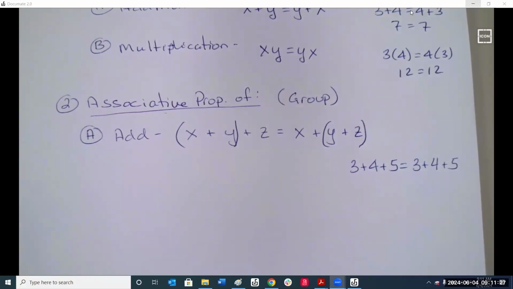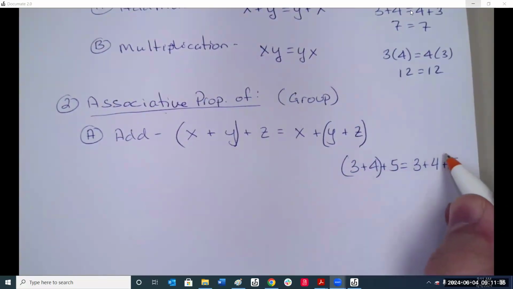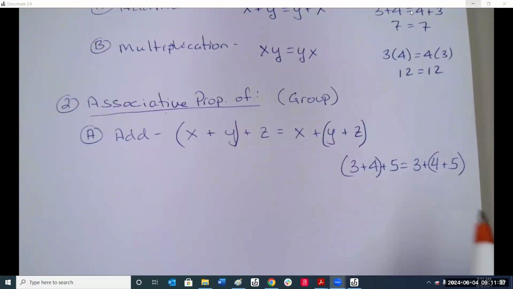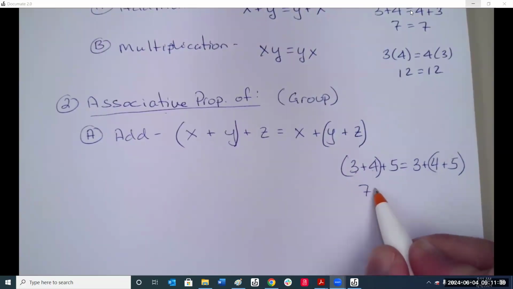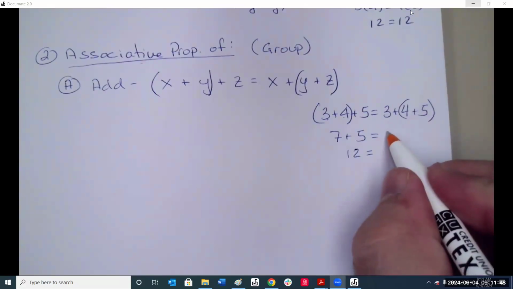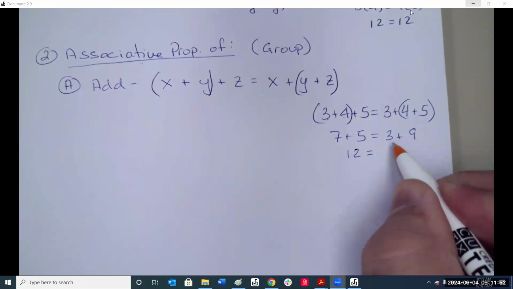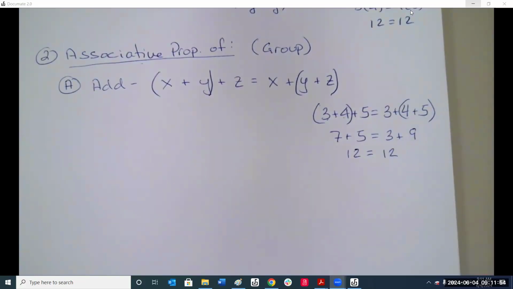I could put brackets in there, or anything to combine them, but this tells me I have to do inside the parentheses first. 3 plus 4 is 7. 7 plus 5 is 12. 4 plus 5 is 9. 3 plus 9 is 12.